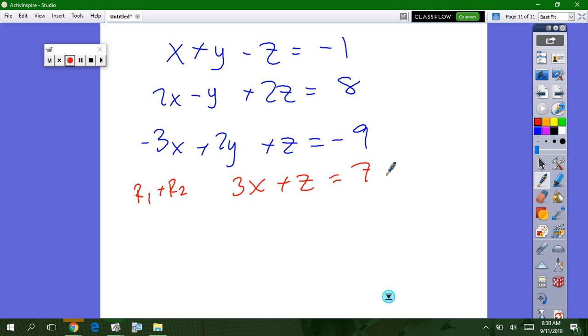I'd probably go row 2 and row 3, since he's already negative. With me on that? So what am I going to have to do to manipulate row 2 to get rid of the y in row 3? Times by 2, right? So I'm going to go 2 times row 2 plus row 3. That's the goal.